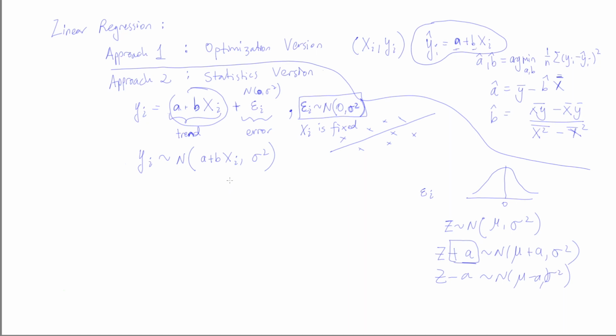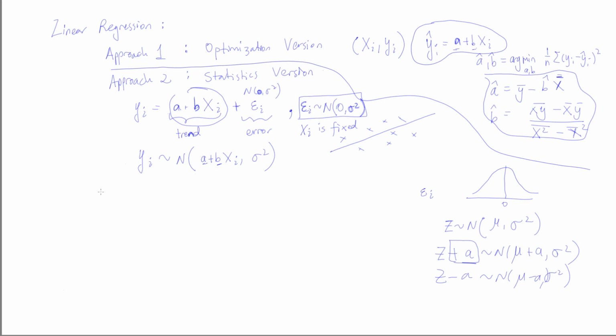Okay? Now, how do we estimate A and B? Well, we looked at the optimization way, this way up here. But we don't want to talk about purely optimization. We want to talk about statistics. Well, what did we learn about statistics just now?